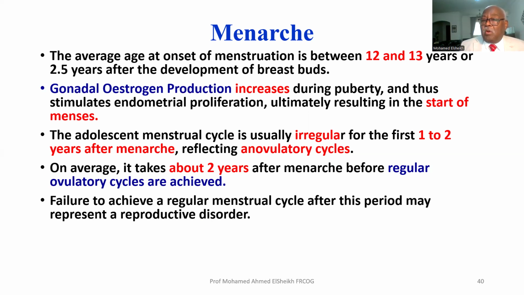Mothers should be reassured that this is normal for their girls. On average, it takes about 2 years after menarche before regular ovulatory cycles are achieved. If it goes beyond 2 years, then there is a problem that has to be looked into and clarified by the treating doctor. Failure to achieve regular menstrual cycles after this period may represent a reproductive disorder.